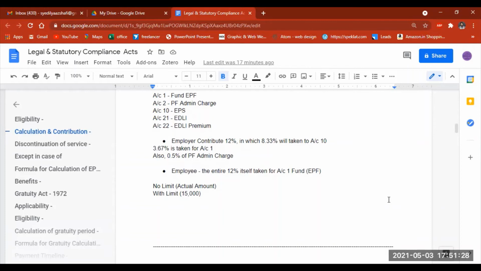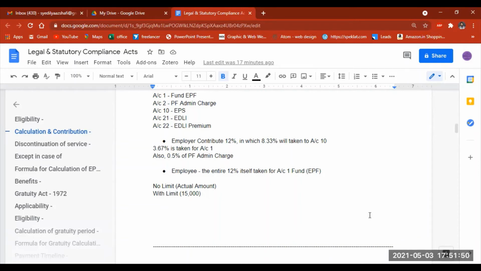The remaining 3.67 percent is taken for Account 1, the Employee Provident Fund. And 0.5 percent is also charged for the second account, the Provident Fund Admin Charge. And this is the case of the employer.